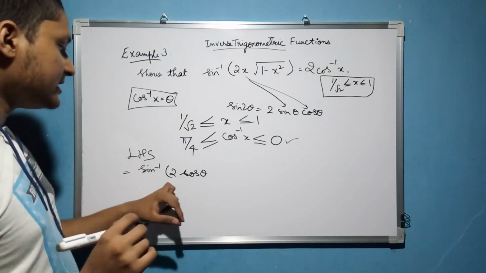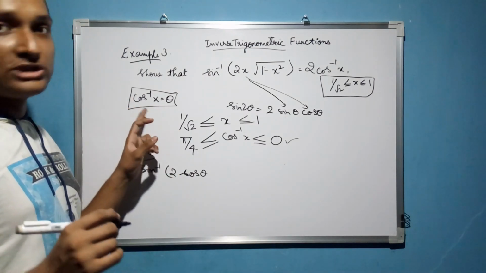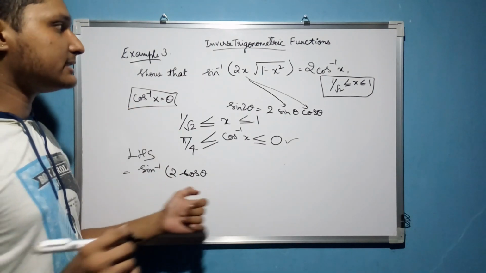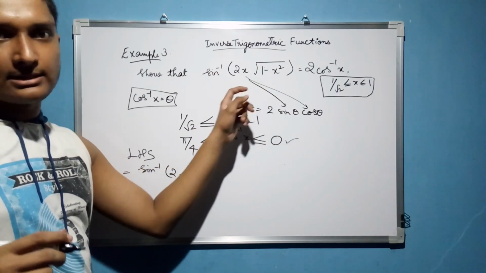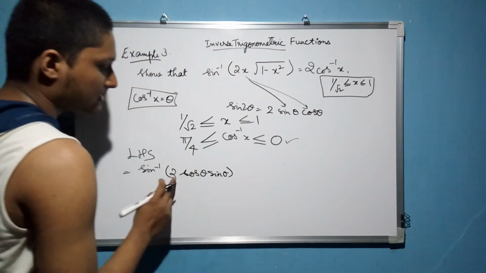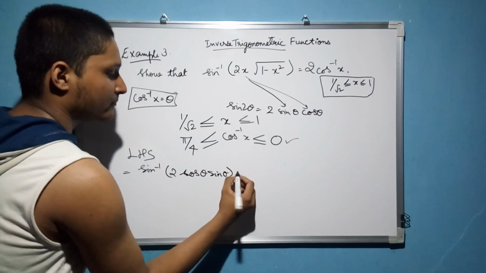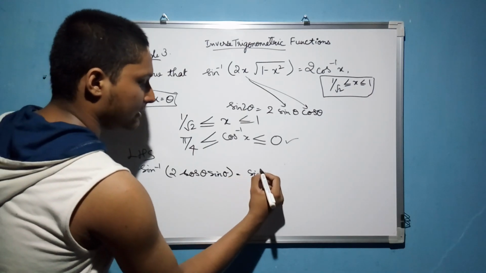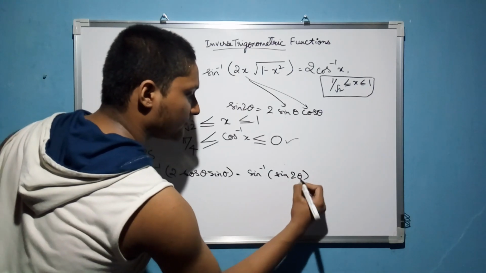So when I substitute x to be cos theta, this becomes cos theta into root of 1 minus cos square theta. 1 minus cos square theta is sin theta. Root of that comes to be sin theta. That was simple. So now we're going to be 2 into cos theta into sin theta. That was this thing. So it is coming to be sin inverse of sin 2 theta.